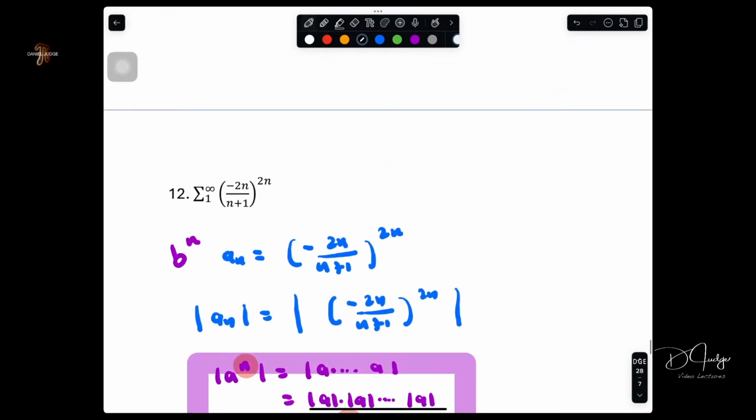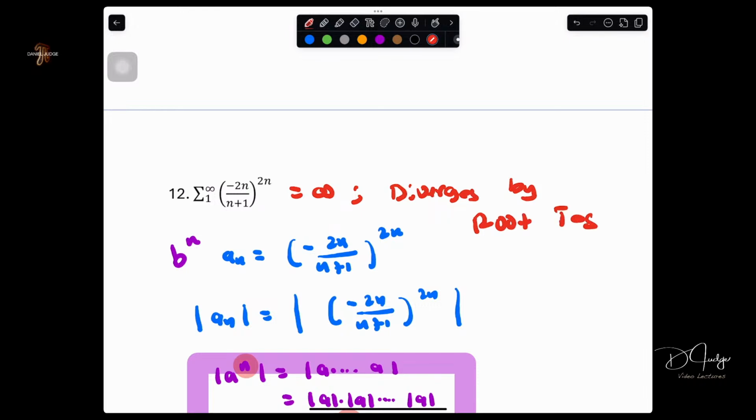So this series diverges, we can say equals infinity, or we can say diverges by, again, the root test. Diverges by the root test. Okay, because we have that nth root.